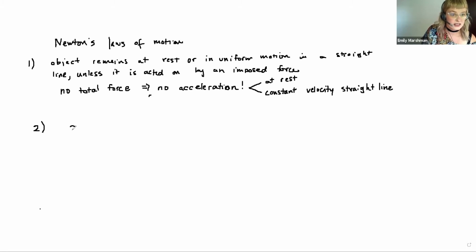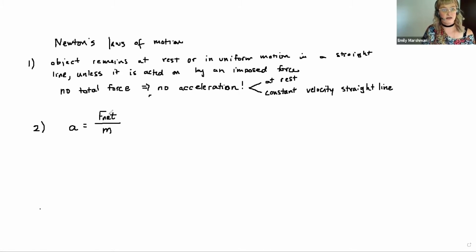Newton's second law says that the acceleration of an object, if I get the object to accelerate, is proportional to the net force that acts on the object divided by the object's mass, little m for mass. Remember, acceleration and forces are vectors.